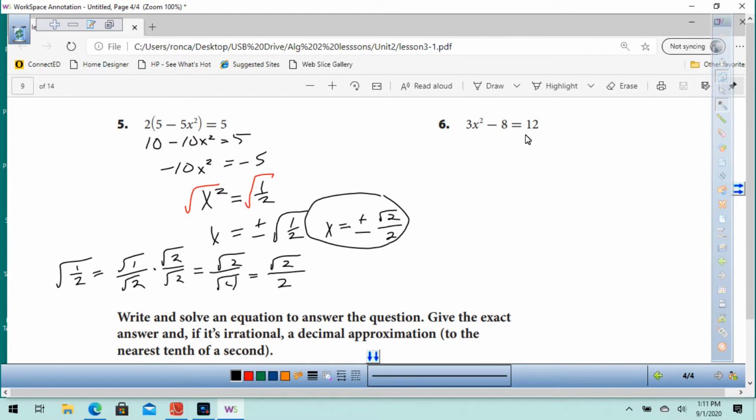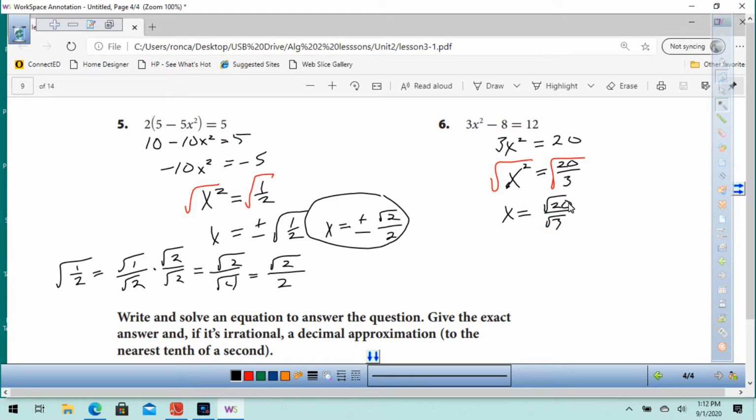Number 6. Well, let's add 8 to both sides. We got 3x squared equals 20. Divide both sides by 3. We got x squared equals 20 over 3. Take the square root of both sides. And we have x equals the square root of 20 over the square root of 3.